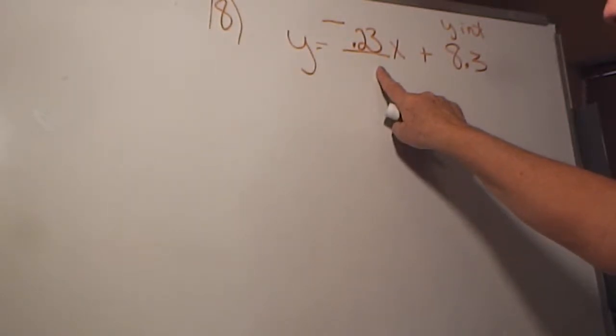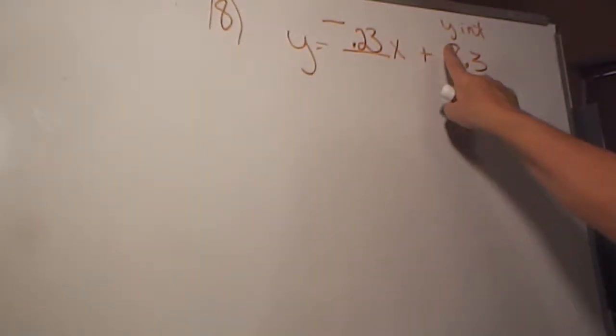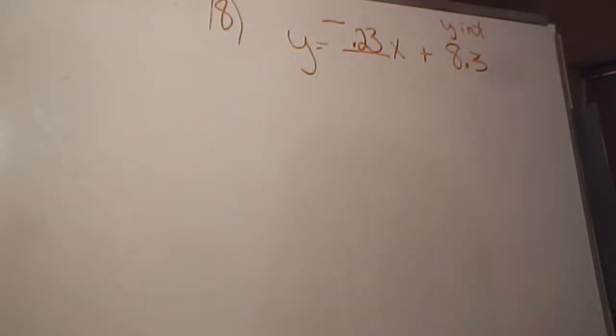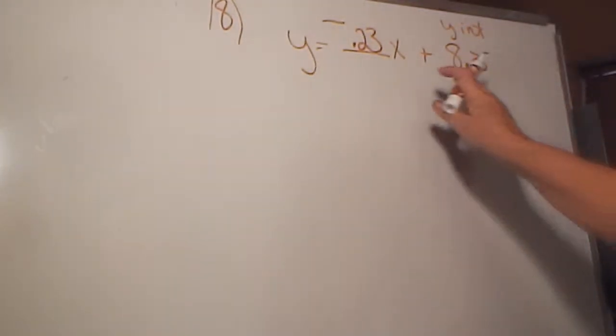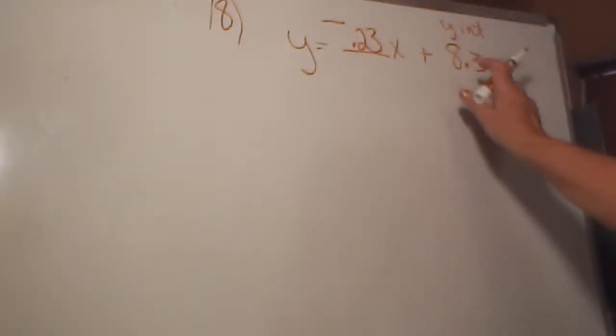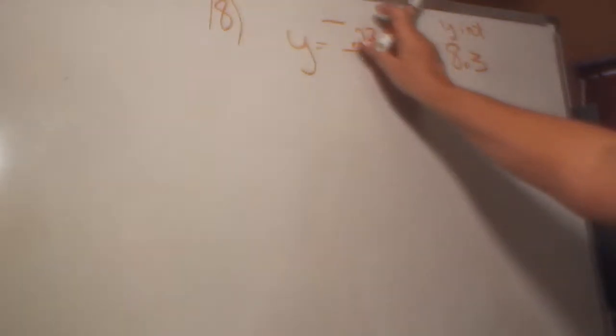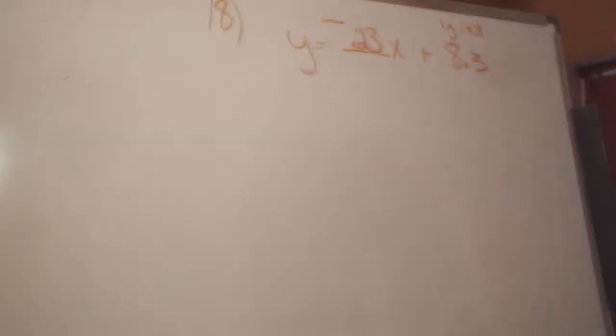This is my slope. The actual amount of people is going down by 0.23 per year. So writing an equation from a word problem means you have what you started with, and your slope is how it's changing. We will now go to number 81, which we will do by hand and calculator.